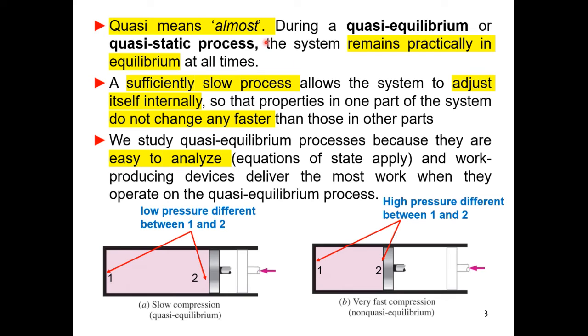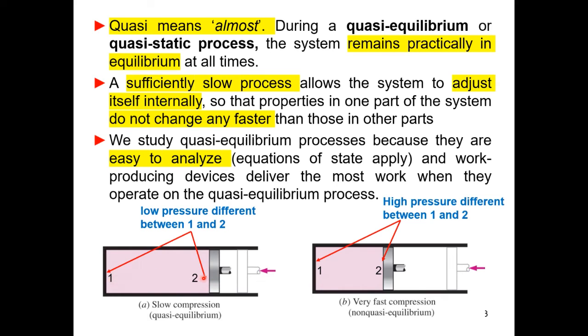What it means is, if we have a piston here and the piston moves from 1 to 2 at a fast rate, you cannot measure a lot of stuff. If you want to measure the differences between 1 and 2, you need to move it slowly.